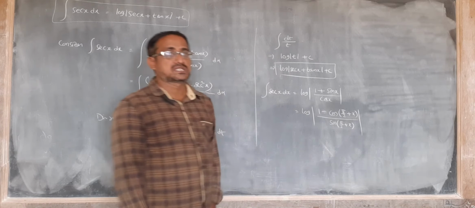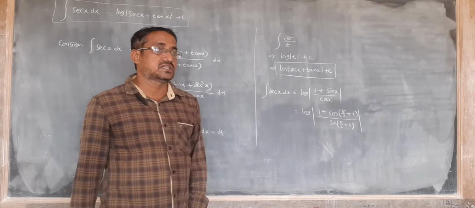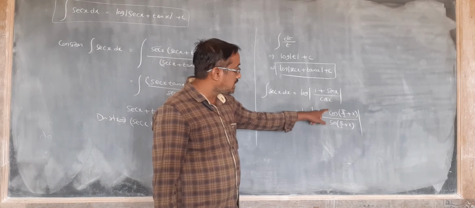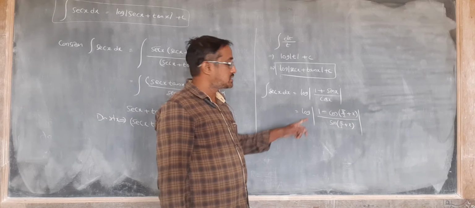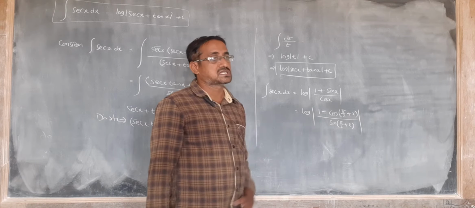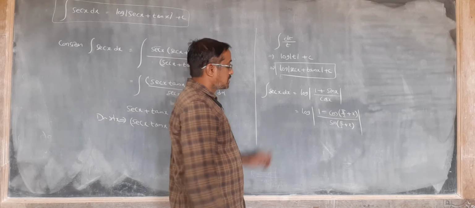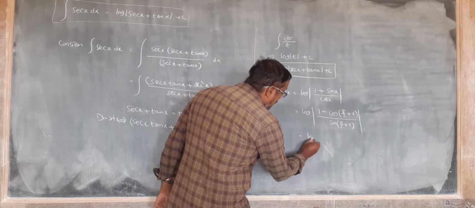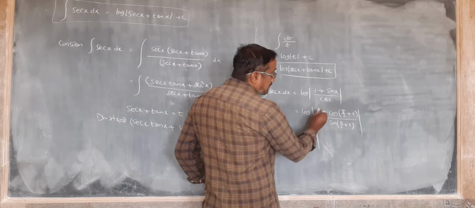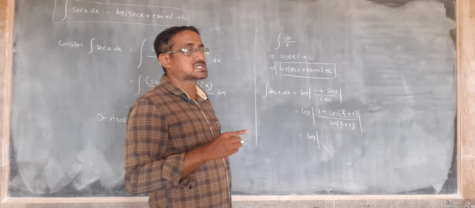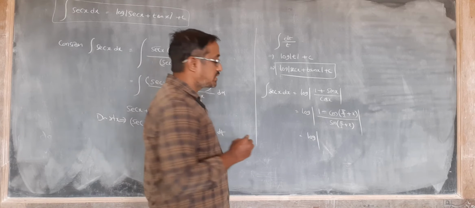Cos 90 plus theta is minus sin theta. Second quadrant cos negative. So you will get minus into minus plus sin. And here sin 90 plus theta is cos theta. So next log mod 1 minus cos theta. By using submultiple angles, 1 minus cos theta is 2 sin square theta by 2.